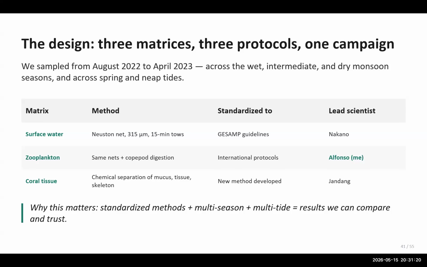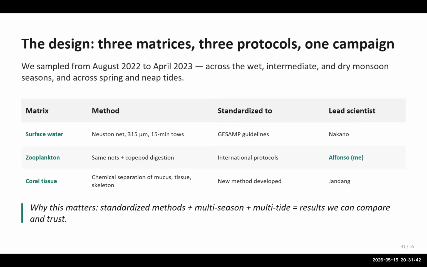For the surface water, we used a Neuston net with a 315 micrometer mesh, standardized following the international guidelines from GESAMP. For the zooplankton samples, we used plankton nets to concentrate the plankton floating in the water.